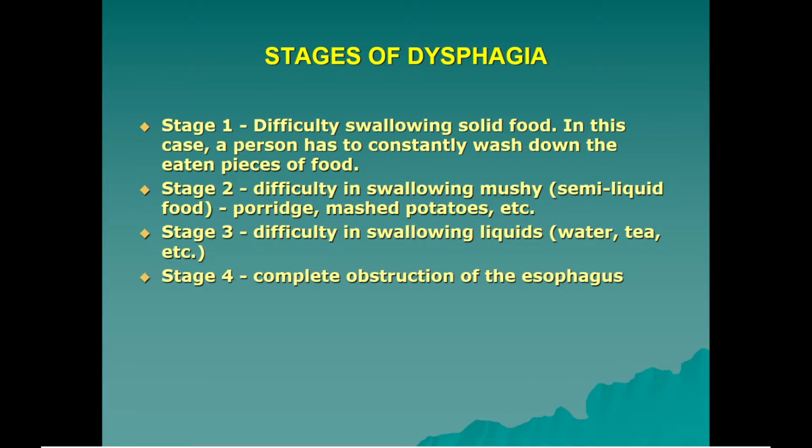Stage 2, difficulty swallowing mushy, semi-liquid food, porridge, mashed potatoes, and the like. Stage 3, difficulty swallowing liquids, water, tea, and the like. And stage 4, complete obstruction of the esophagus.